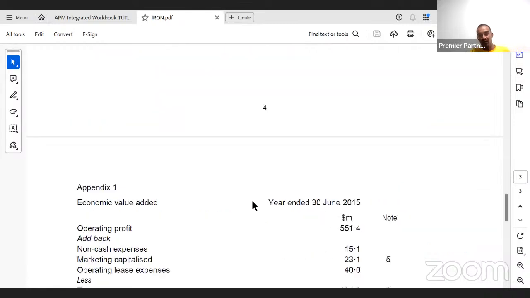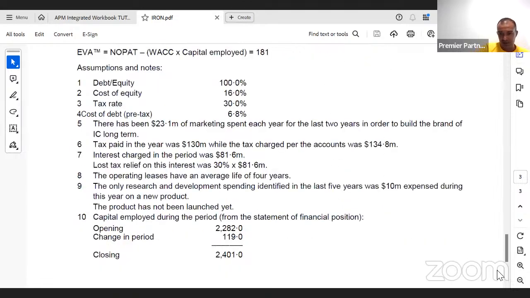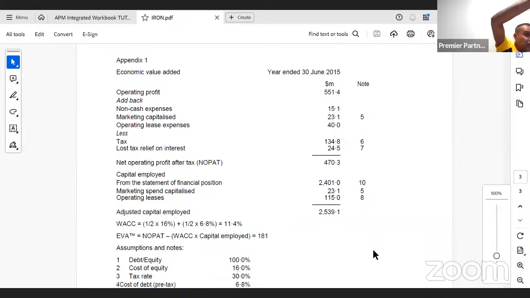Now you see, they have given you the EVA calculation. See the way they tested. Normally they tell you to do EVA. Here they gave you the EVA and are asking for the problems, errors. For you to check something and identify whether it has errors or not, you need to know it properly, isn't it?